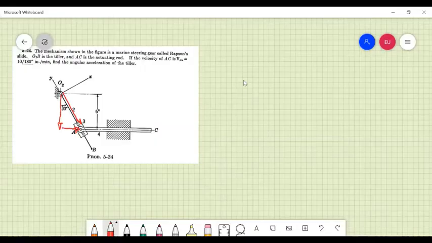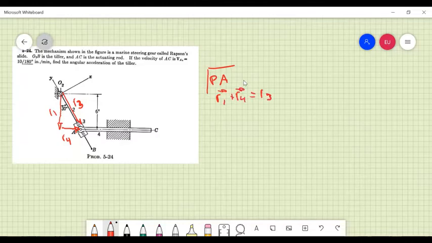We label them as R1, R2, and this was R3 and R4. Just as a recap, for position analysis, we end up having R1 plus R4 equal to R3. Yep, that was the vector loop equation.